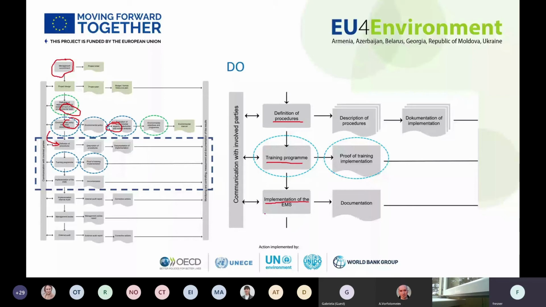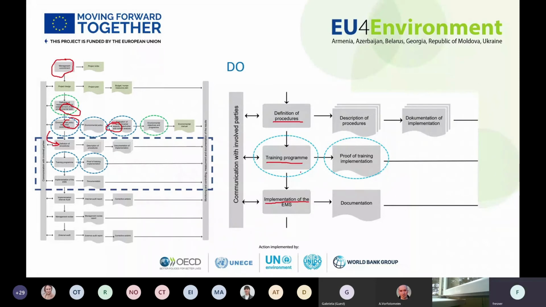In blue here, I forgot probably to say yesterday, we have elements which we usually already have addressed during an RECP program. So this evaluation of environmental aspects, environmental policy, a team, we usually do within an RECP program or an RECP club. So also this training program is already touched in an RECP program.